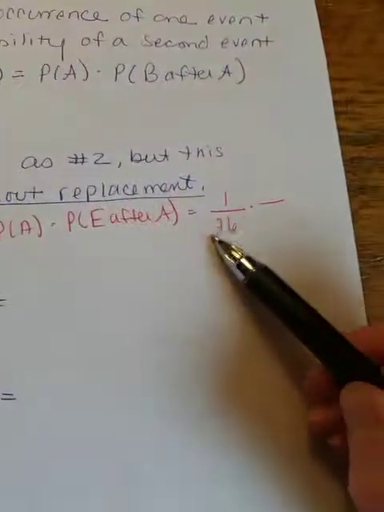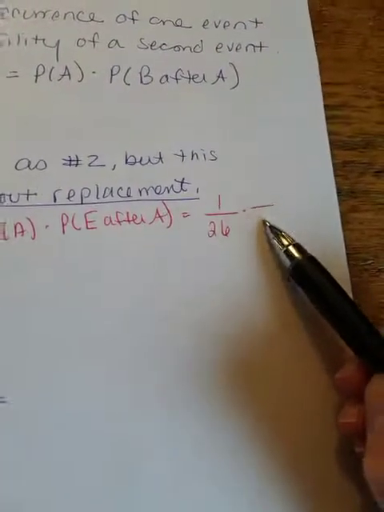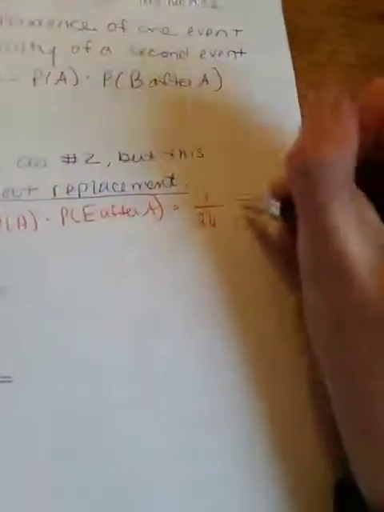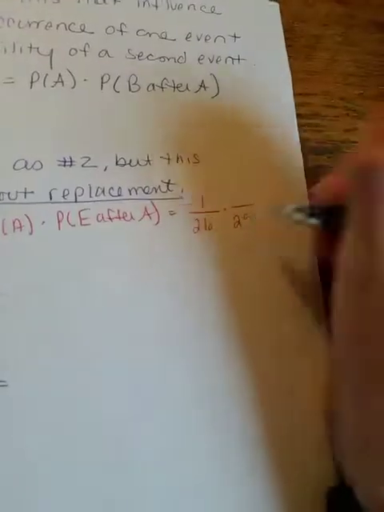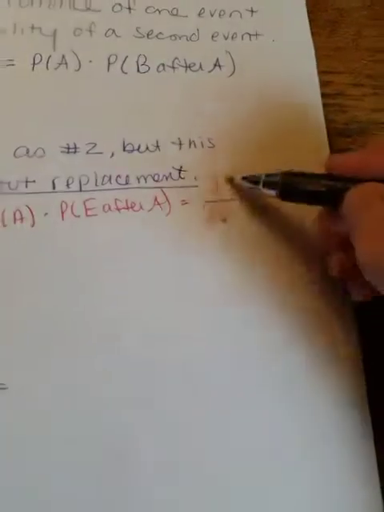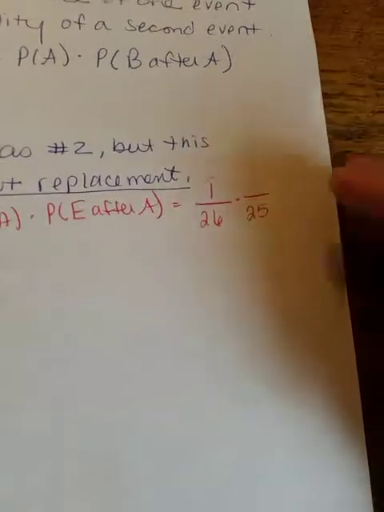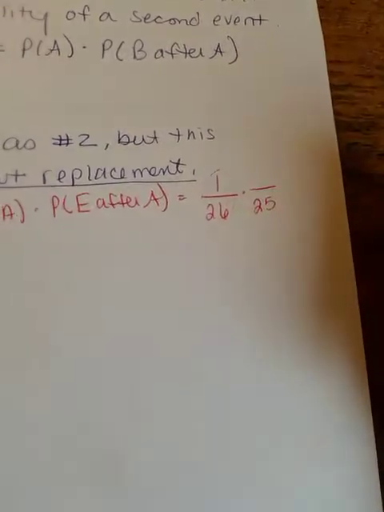Instead of having 26 pieces of paper in the bowl for your second pick, how many are left? The answer is 25. There's now 25 left in the bowl to choose from, because after that first pick, whatever it was, you took that piece of paper and set it to the side. You didn't put it back in the bowl.